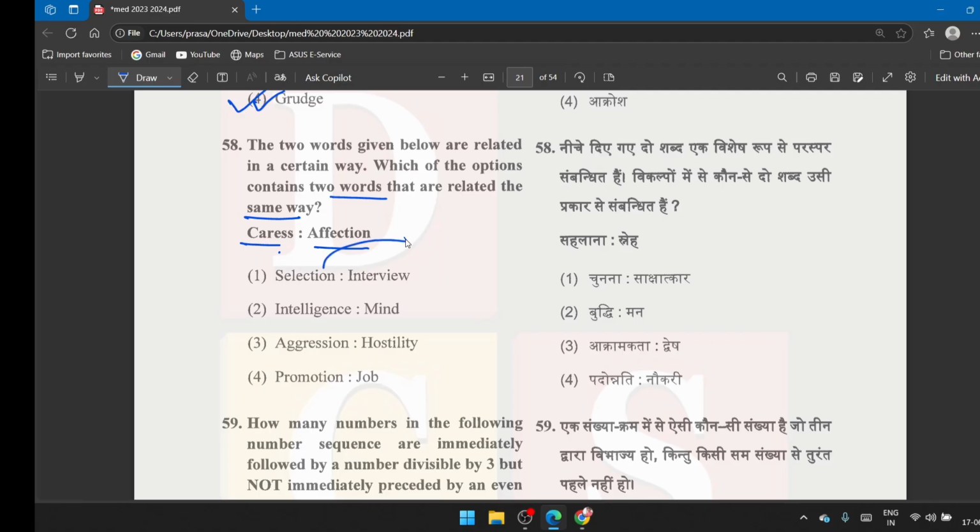This is a physical act. Careless is a physical act which expresses affection. In the same way, aggression is a physical act that expresses the emotion of hostility. So here, option 3 will be there. These are synonym. But the former is a physical act of the latter.